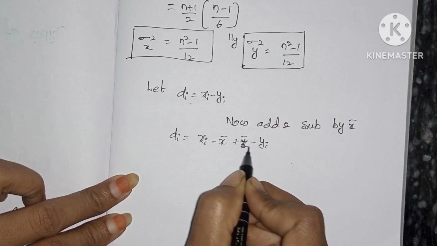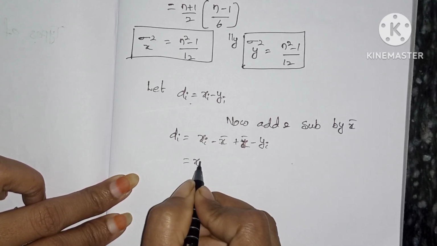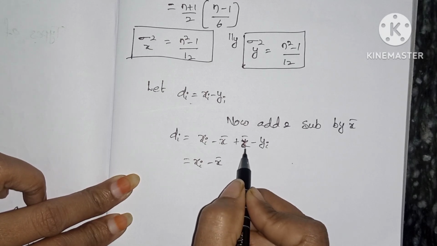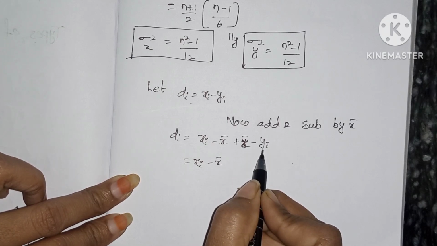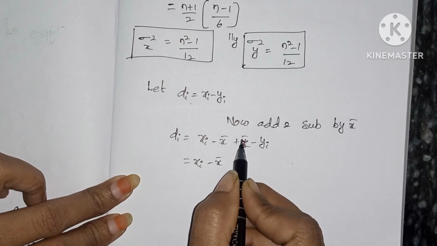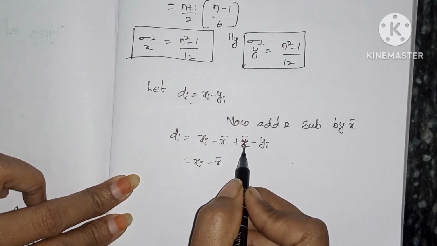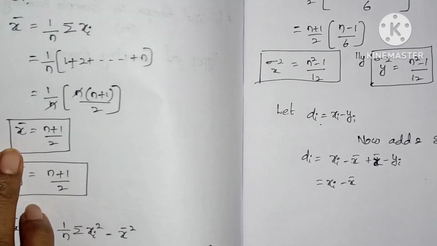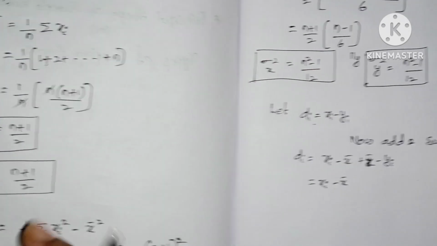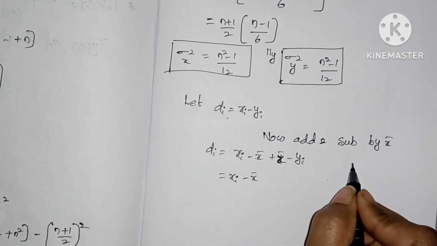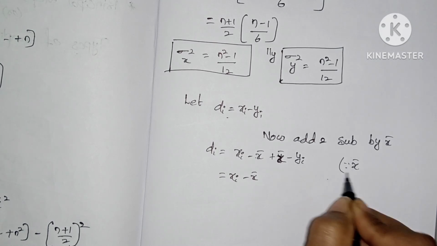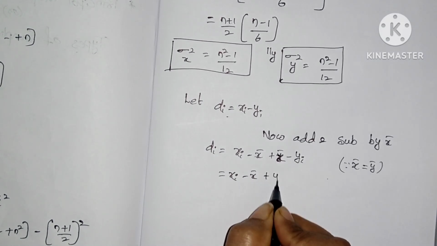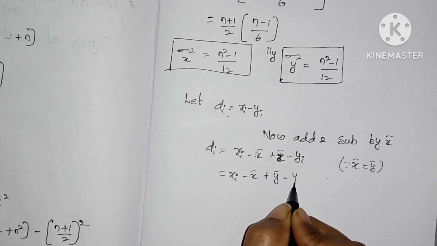Okay, so xi minus x bar, and now here we want y. Because already we have one y variable, and in place of this, if we want y bar, we can replace. Yes, we can replace, because here x bar and y bar are both the same. So in place of x bar, we can replace y bar. Okay, so plus y bar minus yi.